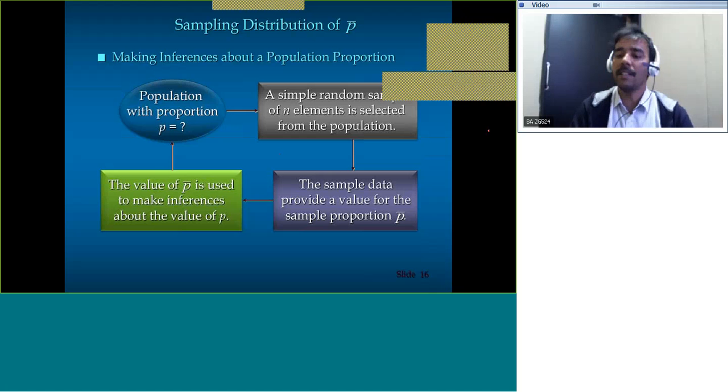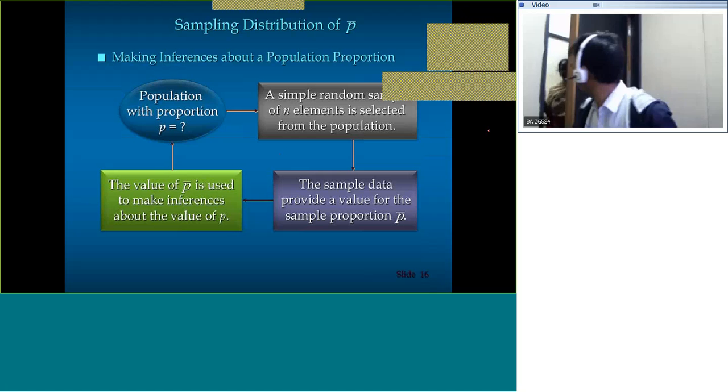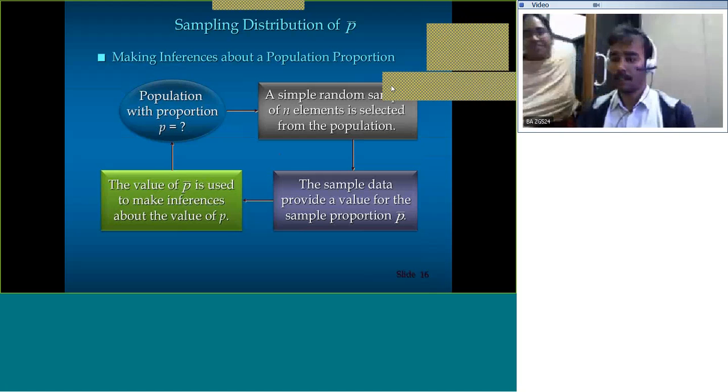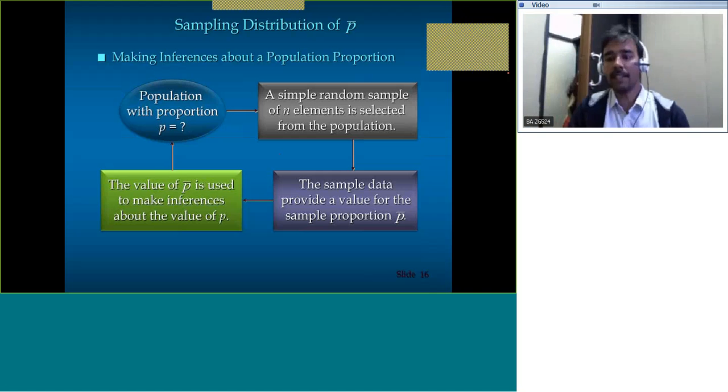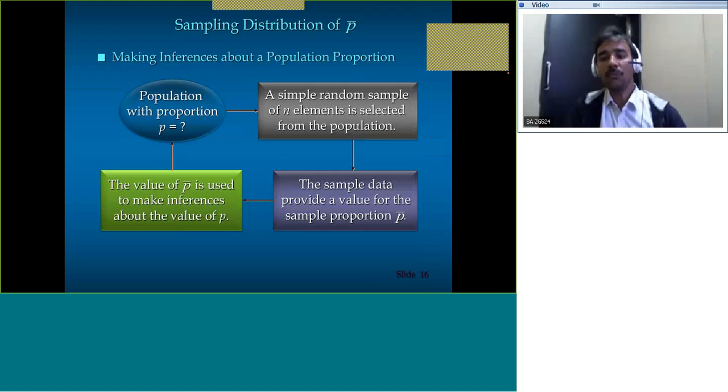Though the collection is very big, it is difficult to count the number of defectives. For that reason, I will take a small sample of size n, and for that sample, I'll calculate the proportion of defective bolts.